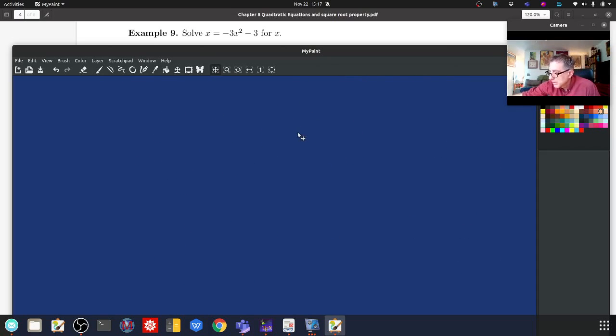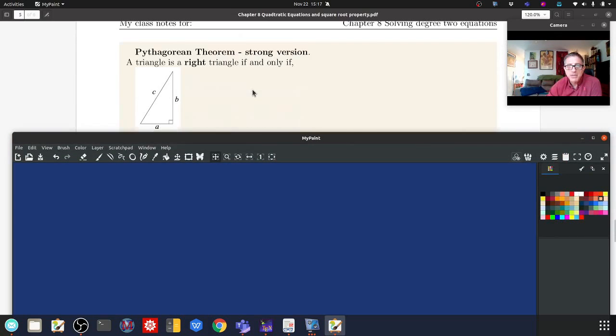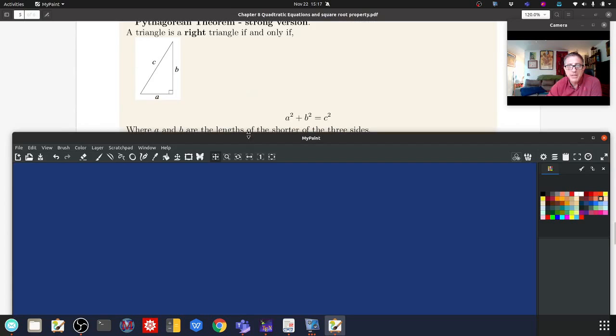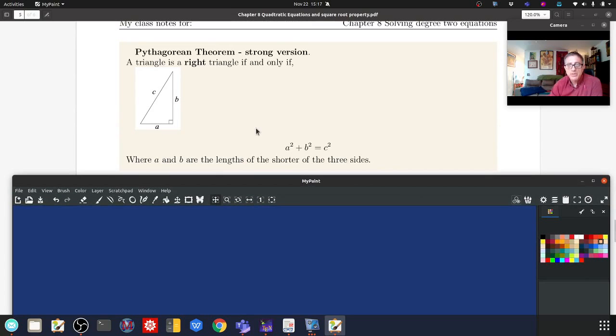So let's go on, we're already there. The next page is where I'm going to introduce to you the Pythagorean Theorem. So this is the strong version. If we have a triangle, we have 3 different sides. They could all be equal in length, that's the case in an equilateral triangle, and they're never right triangles.